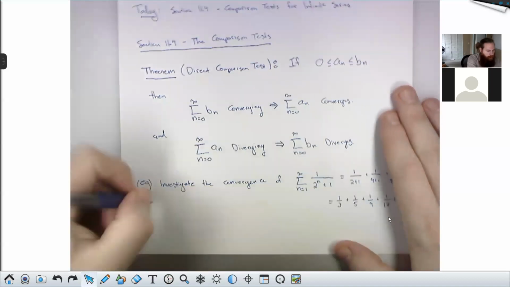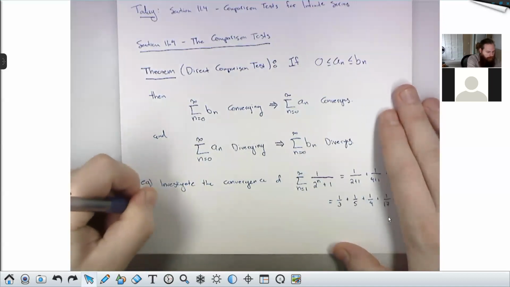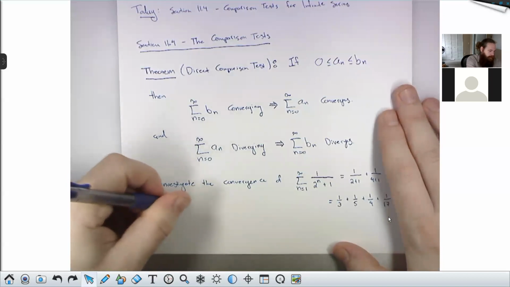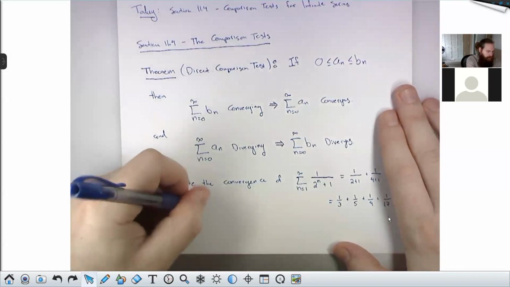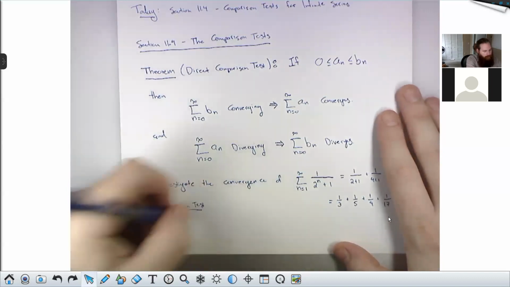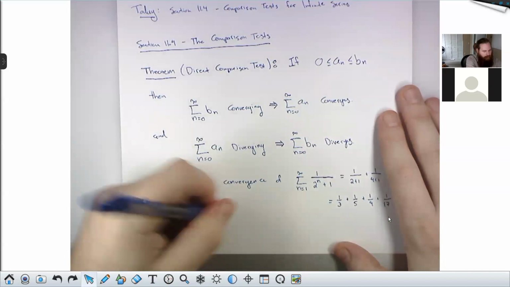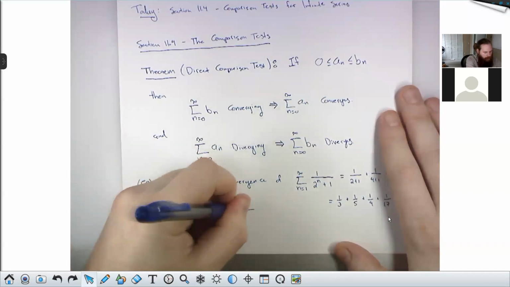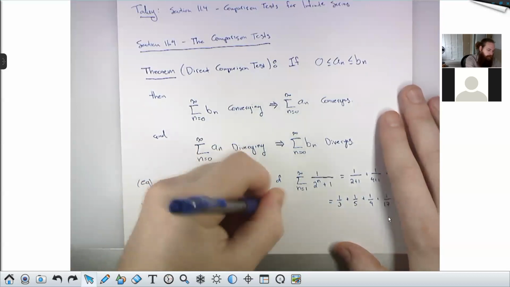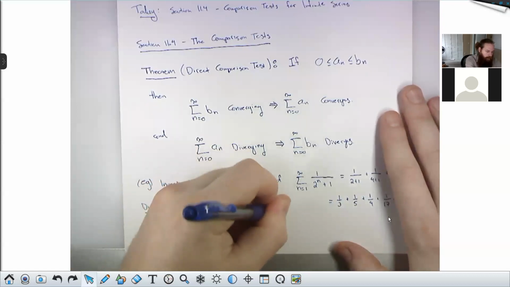So what we're going to do here is use the direct comparison test. And we're going to say, notice that 0 is less than or equal to 1 over 2 to the n plus 1, which is less than or equal to 1 over 2 to the n.